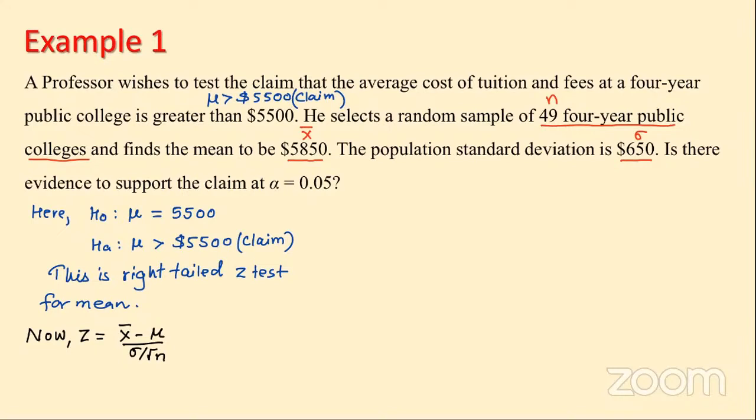So plug in the values. The average of the sample is 5850. The population mean, which is in the null hypothesis, is 5500, over the population standard deviation 650 divided by the square root of n, the square root of 49.